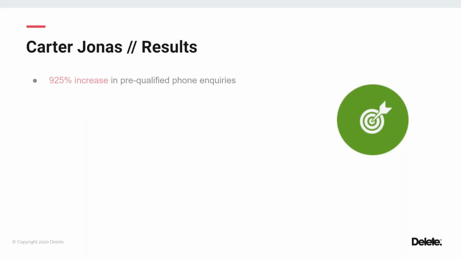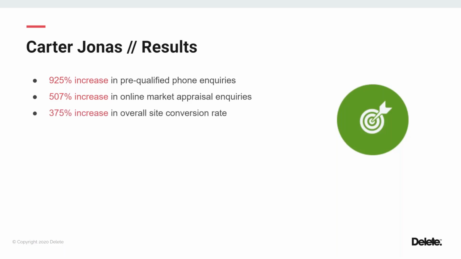Thank you, Anna. So this strong technical foundation in Sitecore facilitated the great results. We could achieve a 925% increase in pre-qualified phone inquiries, 507% increase in online market appraisal inquiries, 375% increase in overall site conversion rate.